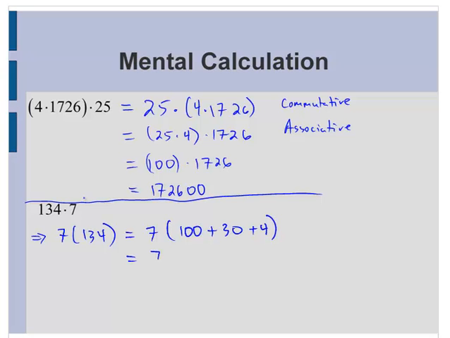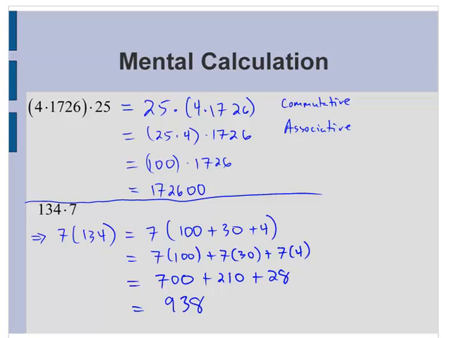Applying the distributive property, I have 7 times 100 plus 7 times 30 plus 7 times 4, which is 700 plus 210 plus 28, and now the addition is fairly simple, and I get 938. So that's sometimes how people do multiplications in their head. They think of it as really a distributive property and then add the pieces back together.